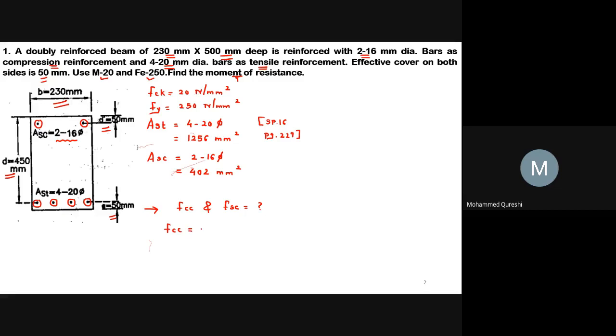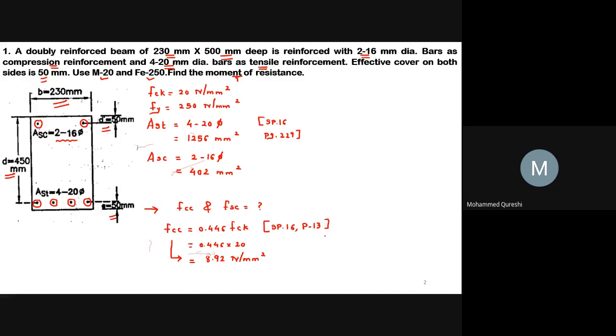So we will get fcc equals to 0.446 fck, and the value of fck in the given statement is 20. So we will get the value of fcc as 8.92 Newton per mm square. This equation lies in SP16 page number 13.